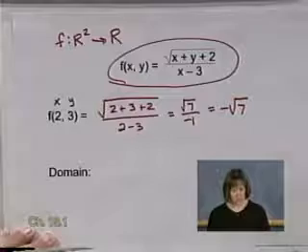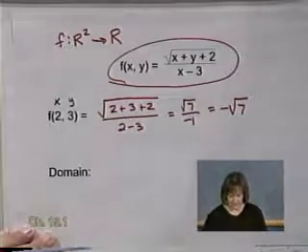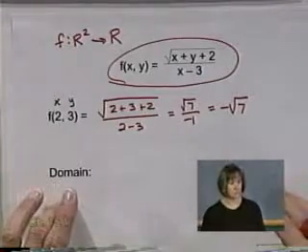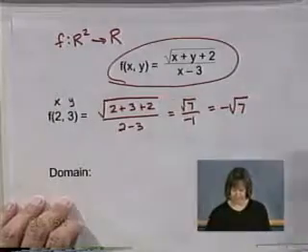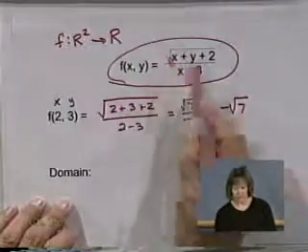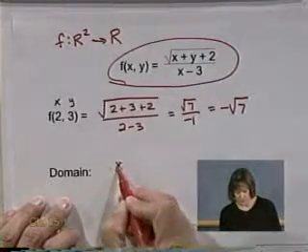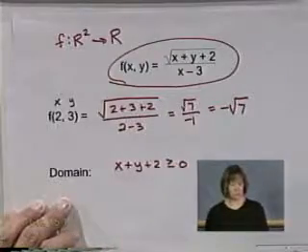If you look at this function, you'd ask, for what values is this function defined? If I want to find the domain, notice the domain is going to be a subset of R2. I have two things going on. I have a square root of x plus y plus 2, and you can't take a square root of a negative, so I need x plus y plus 2 to be greater than or equal to 0.